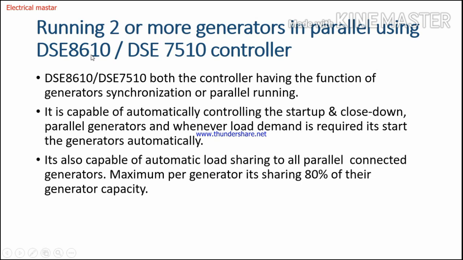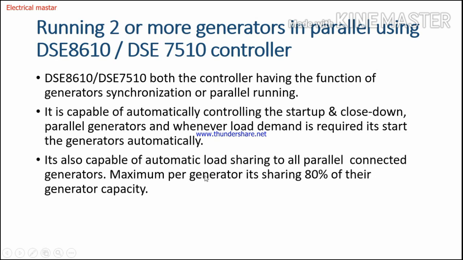As per our configuration, we can remote start the diesel generator whenever the main supply fails, or similar things we can assign in the normal DeepSea controller. Here we are giving the auto function through the load demand. It means whenever the load is more, it will give the command to start the generator automatically. That function is added with these DeepSea controllers.